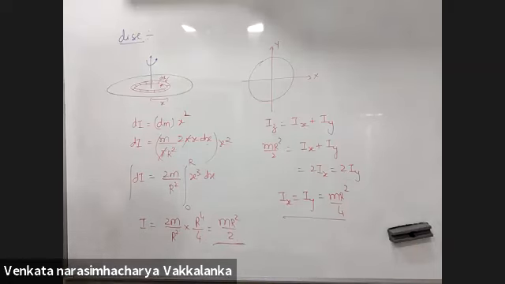I have a doubt. Can we say that a disk is a combination of small rings? Yes, we took rings and integrated. Okay, sir. So can we apply the same logic as we did for hollow cylinder? For the hollow cylinder, we added so many rings such that it makes a hollow cylinder.